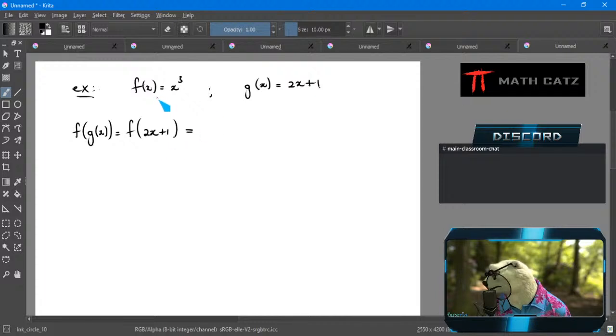Now don't get confused here. The x's used in the definition of my f function and the x's used in the definition of my g function are completely different things. They're not the same. And many people struggle with that. They think too hard, like this x and this x must be the same x.